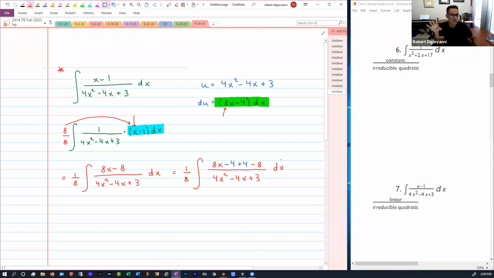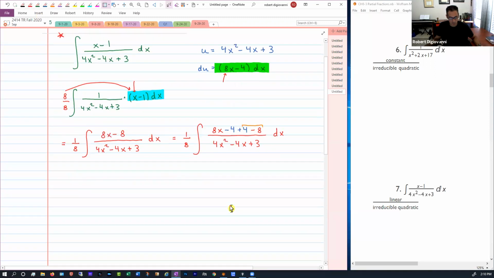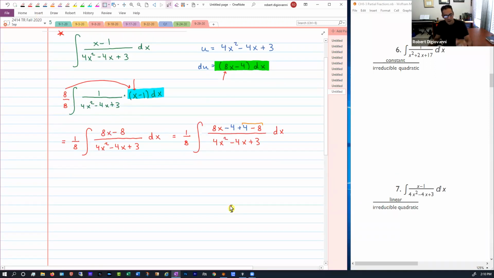Any questions? Okay, now I'm going to put those two together. Of course, 4 minus 8 is -4. And then what I'm going to do is split this integral right there. I'm going to do 1/8 integral. Okay, what's the first numerator going to be?